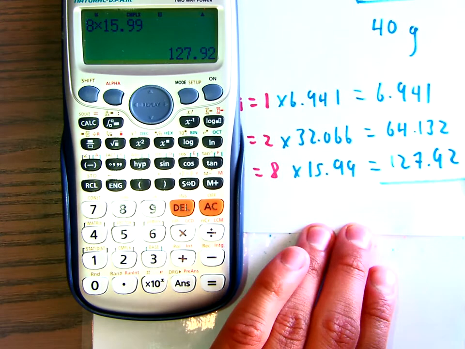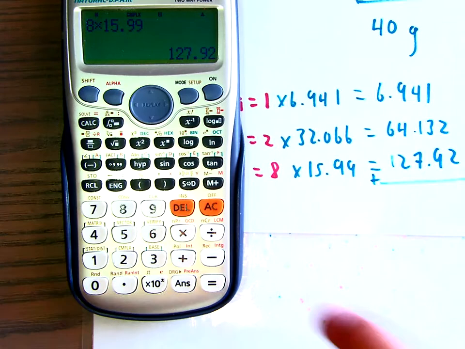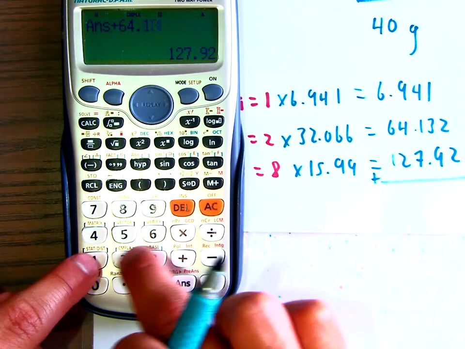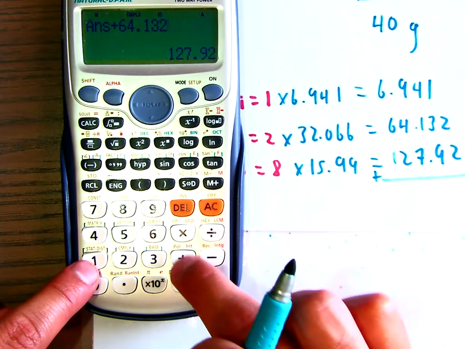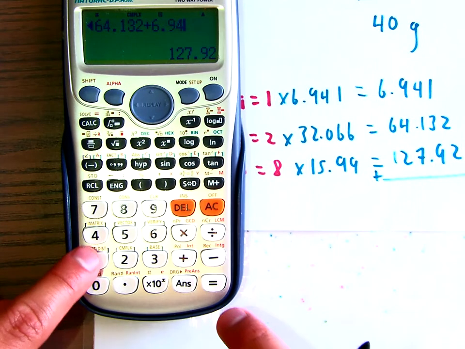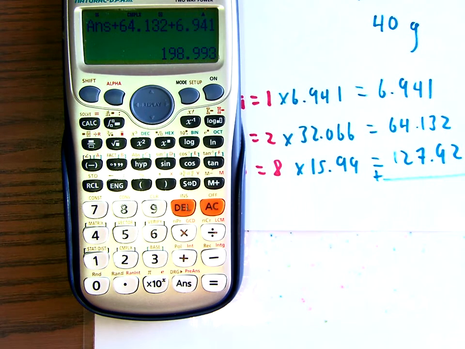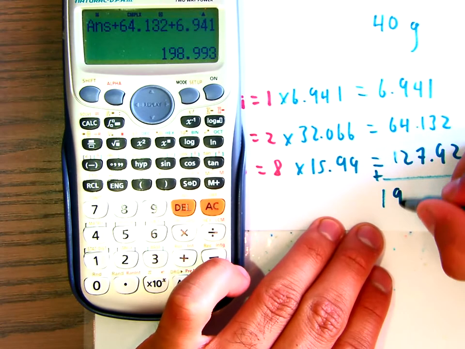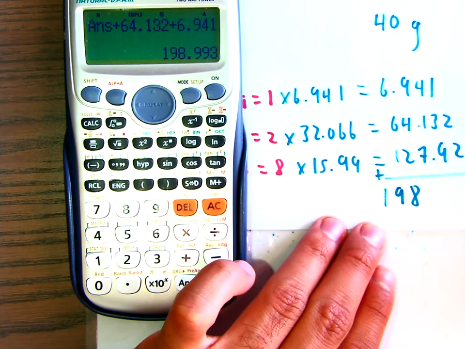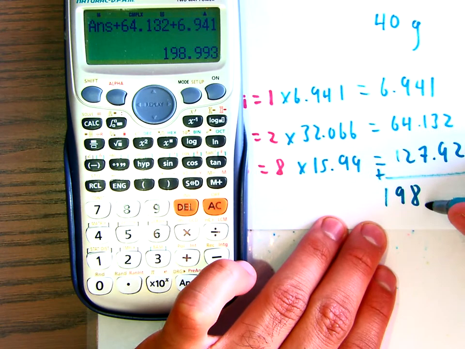Last of all, add them all up. So this plus 64.132 plus 6.941. It's going to give me 198.99. Okay, so this is my actual value.